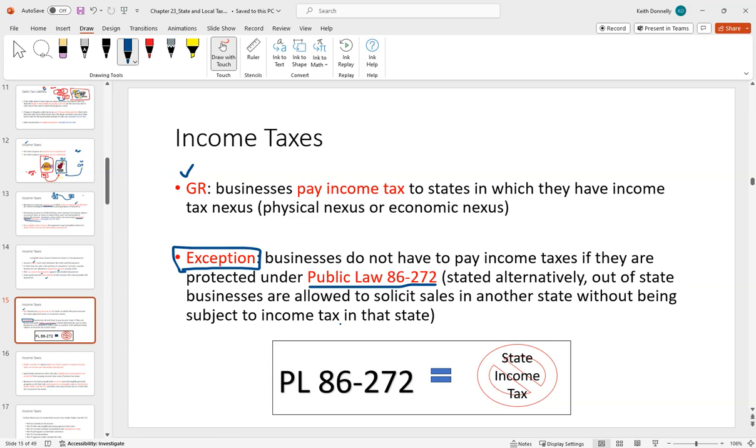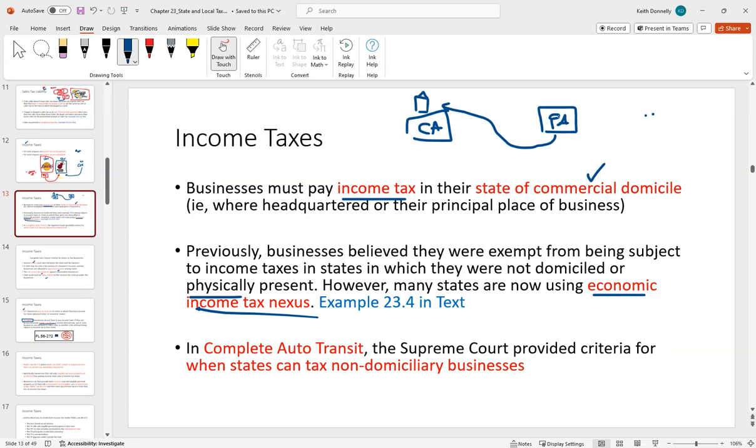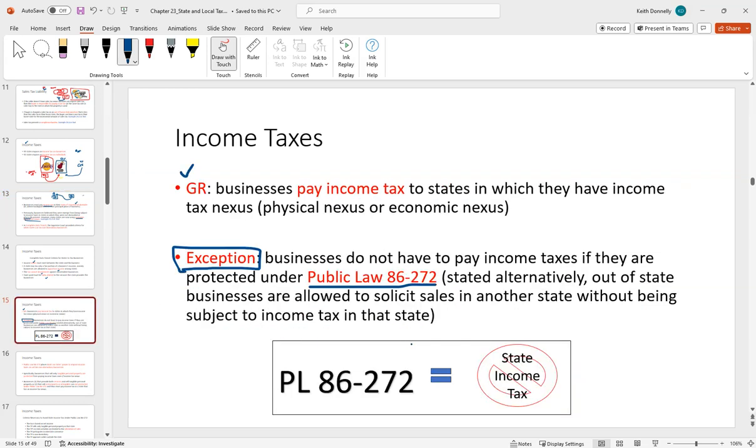PL 86-272 basically says this: even if you have nexus with a state, hey, you, the California business, you have nexus in Pennsylvania. Even if you do, if all you're doing is sending physical goods into the state, shipping them from California, and all you're doing is soliciting sales, then we will not charge income tax to you.